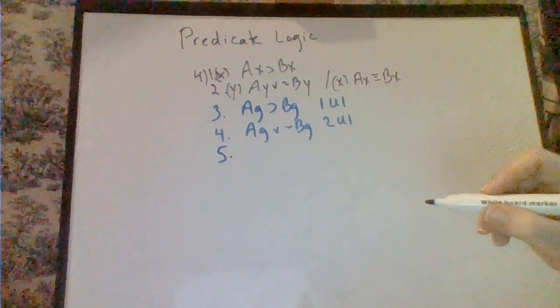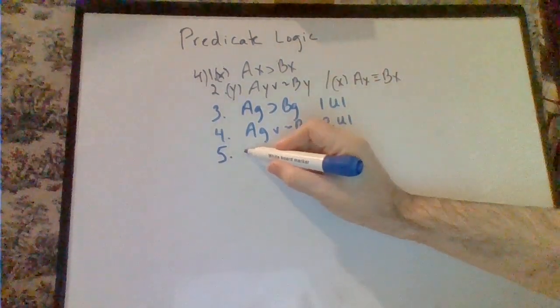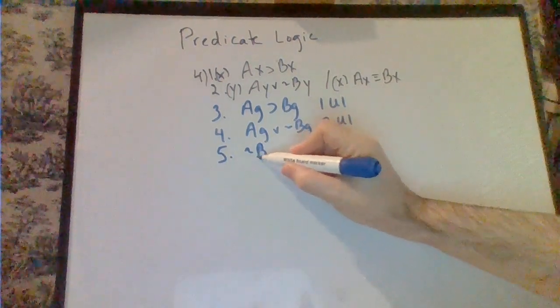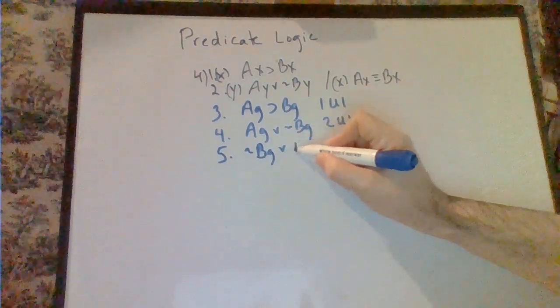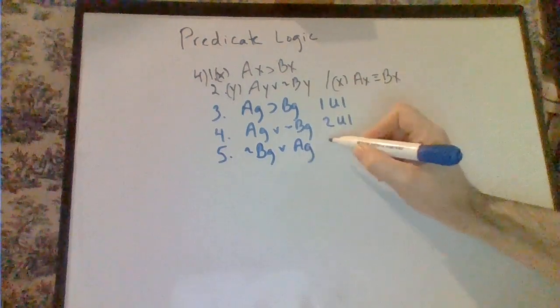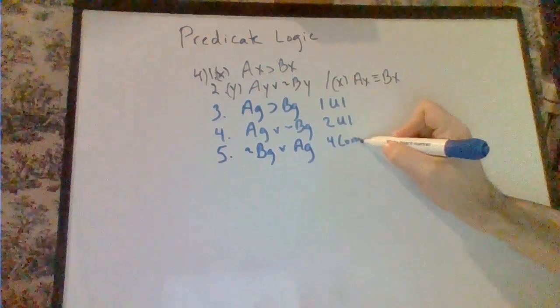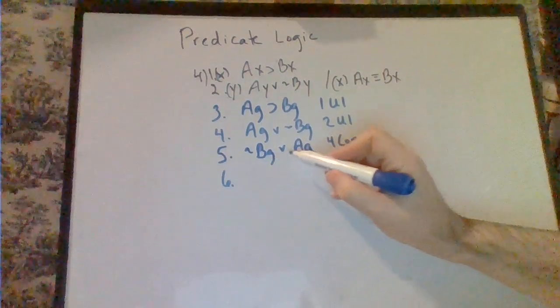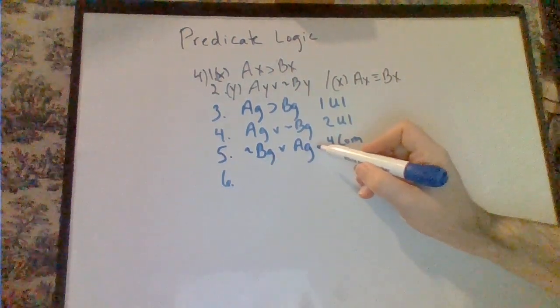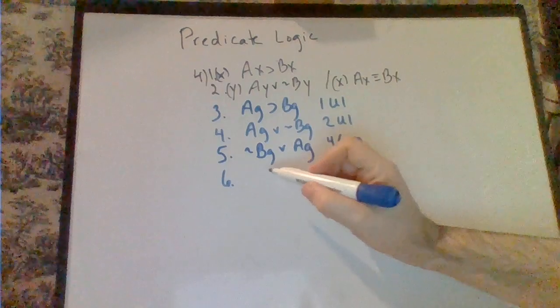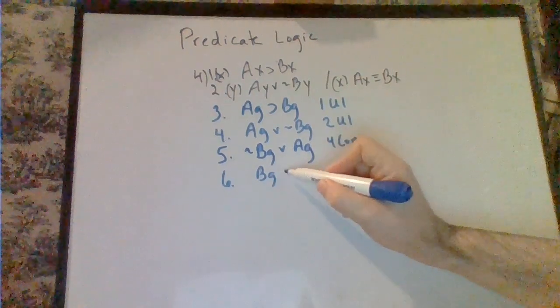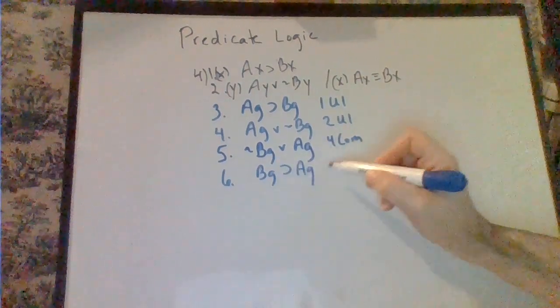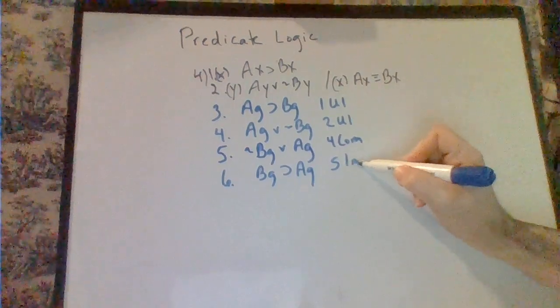Number 5, I would just do one of those rare instances where it might help us to do a commutativity. So we just change the positions around there like that. And then, of course, not Bg or Ag is the equivalent of if Bg then Ag from material implication.